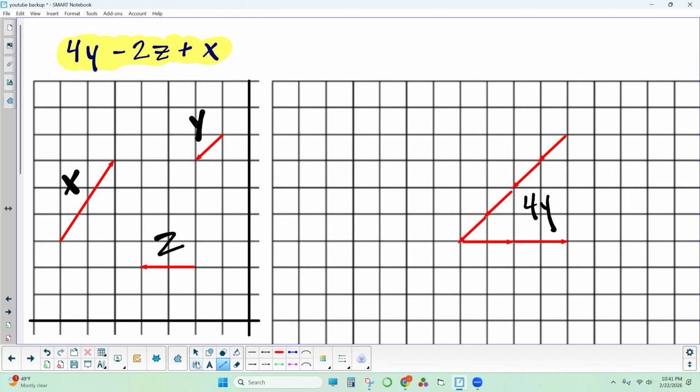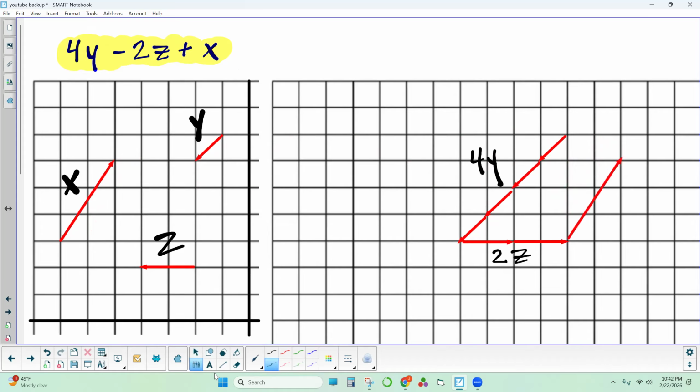So I'm going to label that 2z. Okay, this up here. And then last, we are going to add x. So it's addition. I'm going to take x and put it right here.